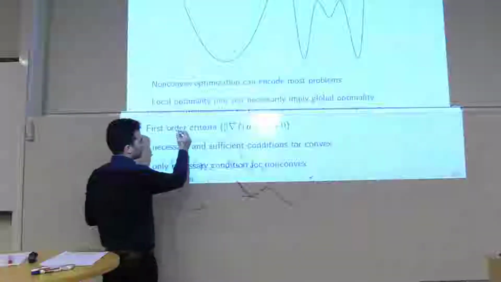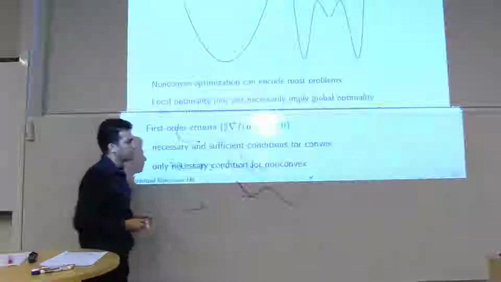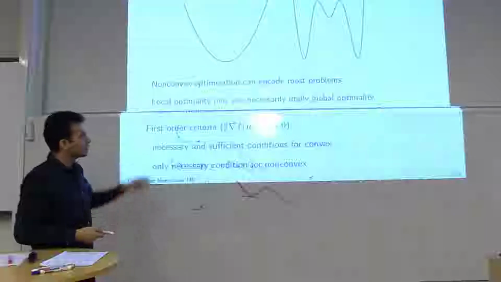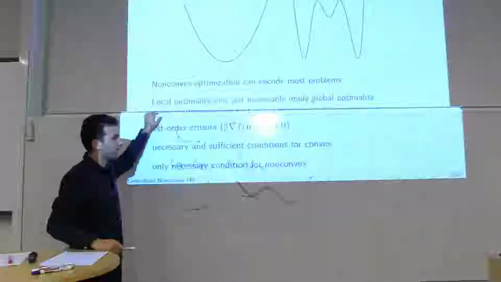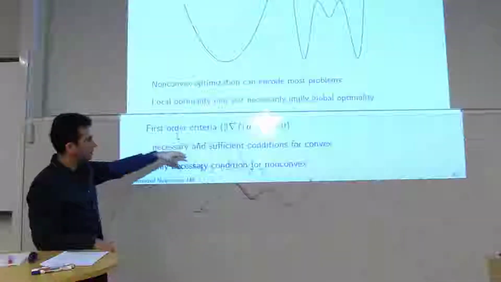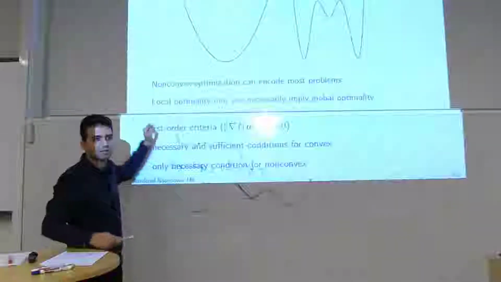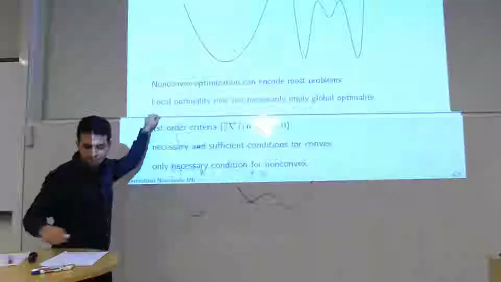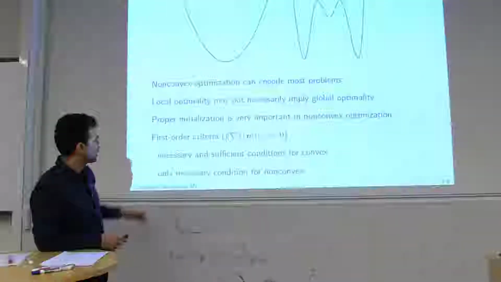You will run gradient descent, and you will converge to this point where the gradient vanishes, and that's it. The gradient descent solver says that I have converged to 0 with whatever criterion for quitting the iteration. Then you will say, okay, now I have converged, so this is my local minimum, and clearly this is not a local minimum. This is called a saddle point. And we will see a lot of that in the non-convex landscape.